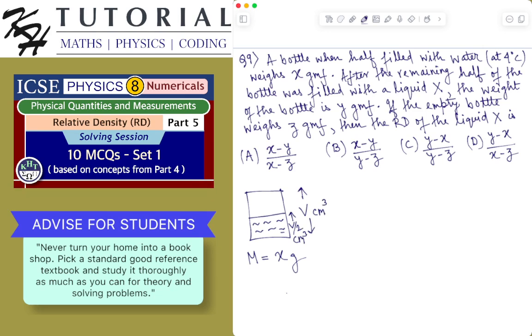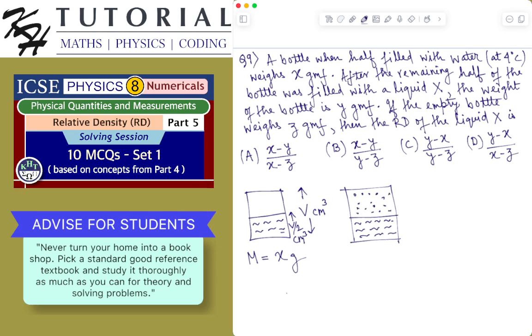Now it is saying that after the remaining half of the bottle is filled with the liquid X, the weight of the bottle is Y gmf. So initially half of the bottle was filled with water, and now the remaining half is filled with a liquid.